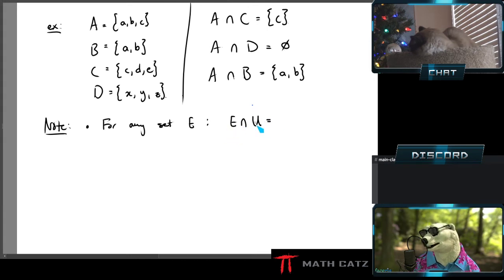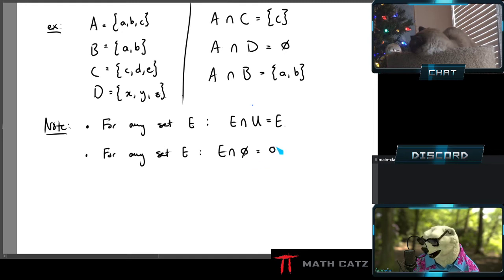But the universal set contains everything. So the overlap will be all of set E because it's necessarily in the universal set as well. Let's go to the other extreme. For any set E, the intersection with the empty set, well, I'm looking for the overlap between whatever E has and nothing. They overlap in nothing.